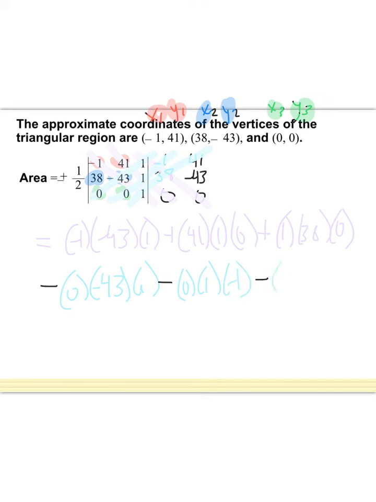It's especially helpful when we have zeros, because multiplying by a 0 gives us a 0. Okay, now we're ready to simplify. Remember, don't forget we have that 1/2 hanging out here.